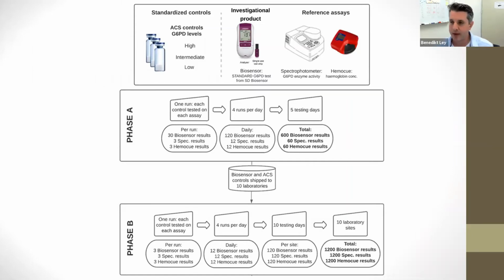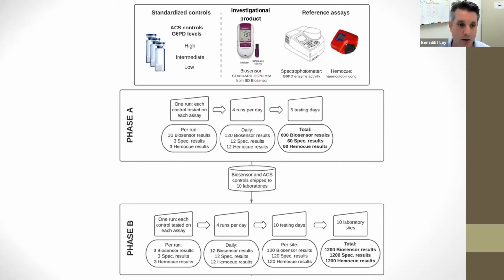So the study consisted of 2 phases, phase A and phase B. In phase A, 10 devices were tested in parallel by the same experienced lab technician who had worked with the biosensor before. This was done in Bangladesh. Each day, each control was tested 3 times by each of the devices, as well as spectrophotometry and HemoQ.